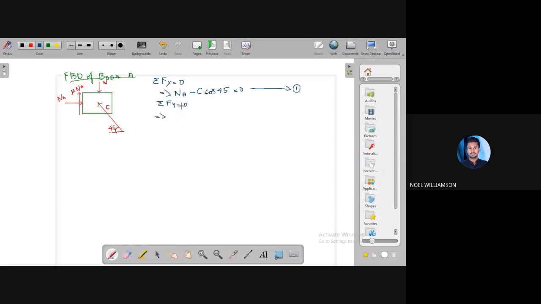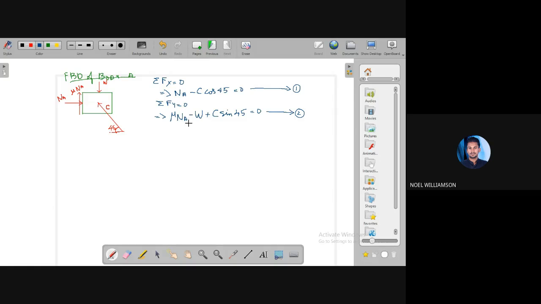And using sigma Fy equal to 0 implies mu NA minus W plus C sin 45 equal to 0. That is equation number 2. Okay, these are the two relations.